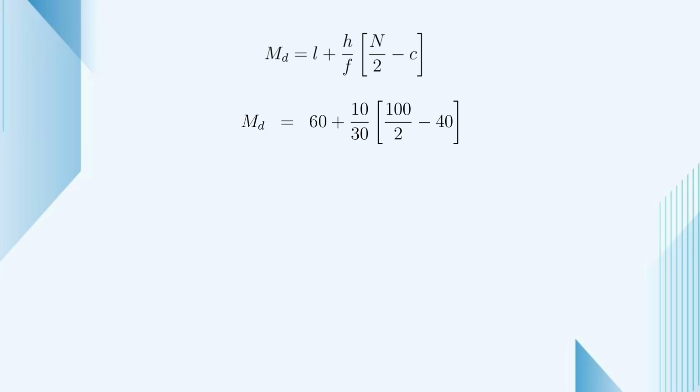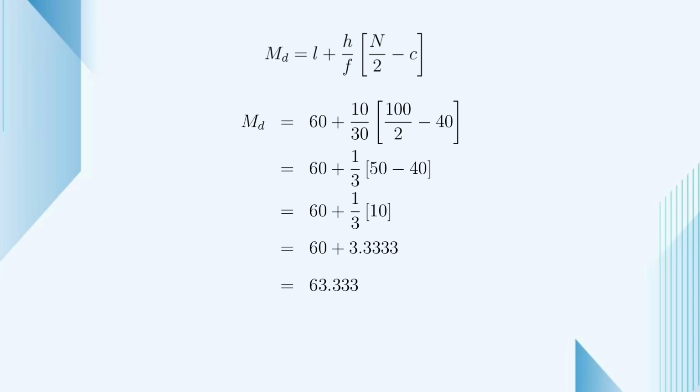Now, substituting these values in the formula, we have median is equal to 60 plus 10 by 30 into 100 by 2 minus 40, which is equal to 60 plus 1 by 3 into 50 minus 40, which is equal to 60 plus 1 by 3 into 10, which is equal to 60 plus 3.33.